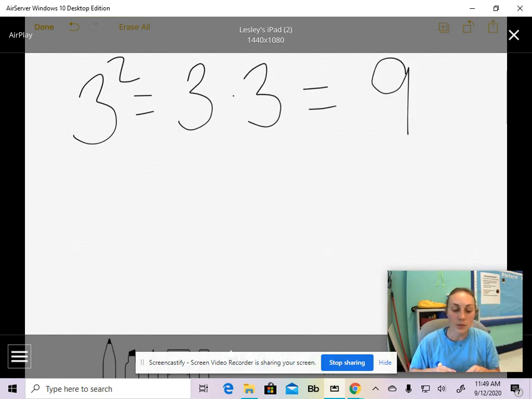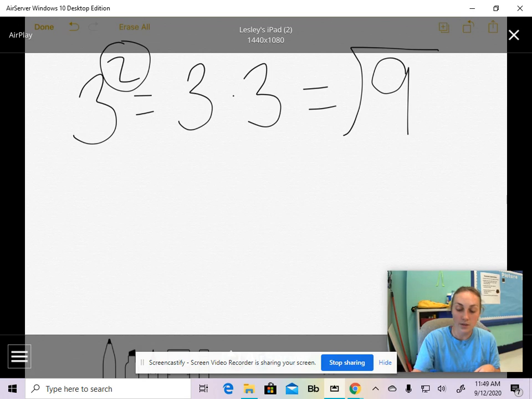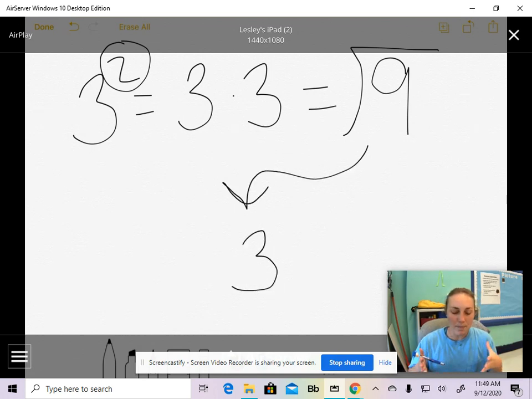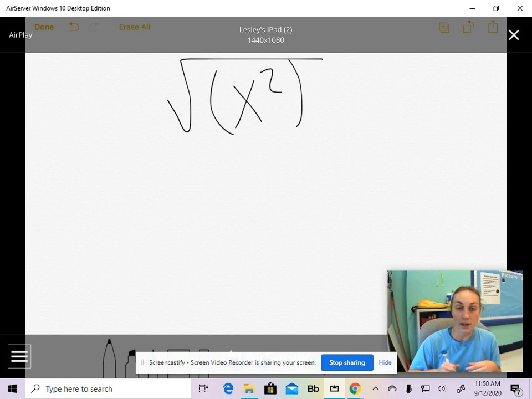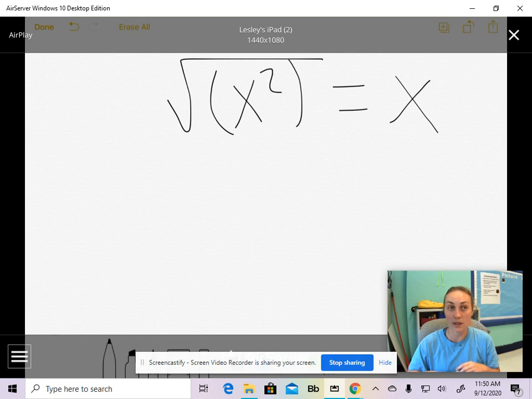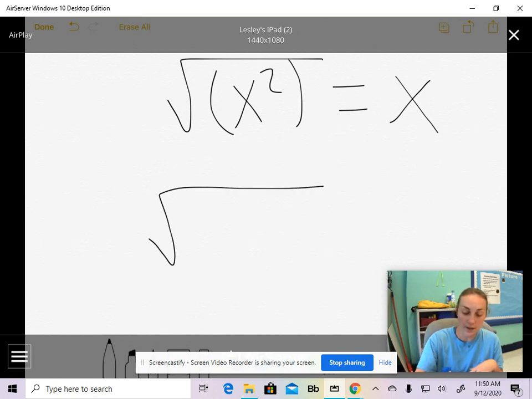Well, if you wanted to square root this 9, that's the inverse of 3 squared, so the answer would be 3. So if I square rooted x squared, the answer would be the number itself. That would be x.